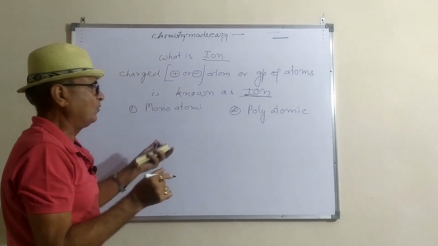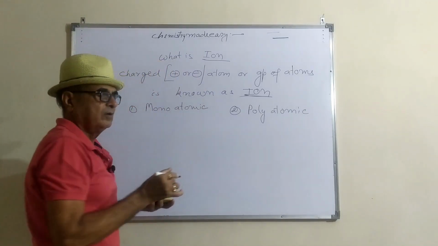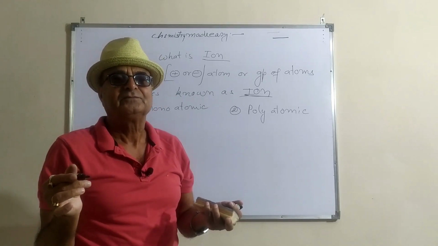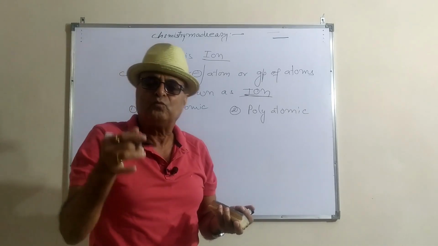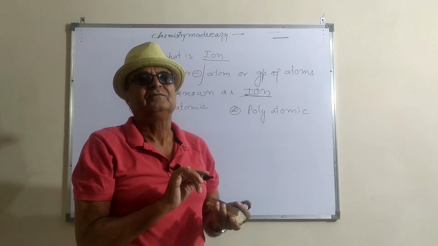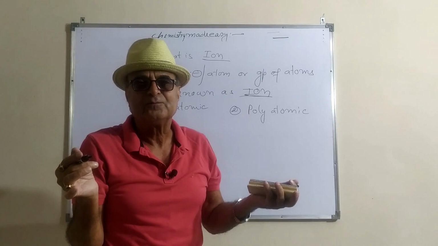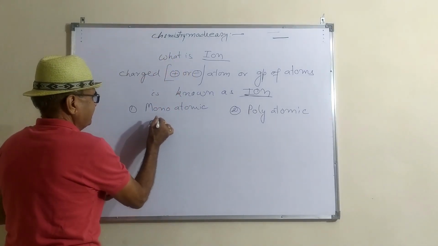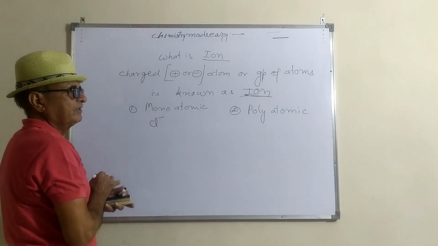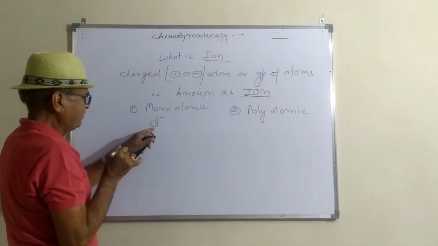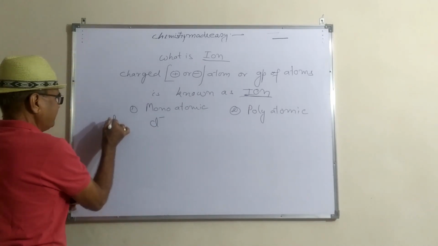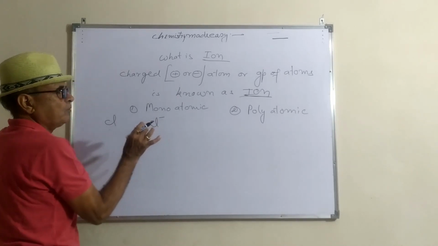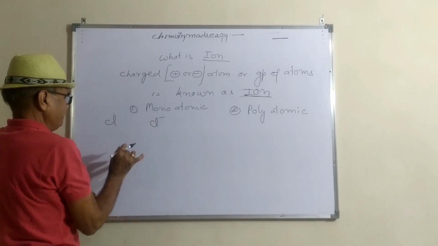What do you mean by monoatomic? The ion which is formed of a single atom, one atom, is a monoatomic ion, like Cl negative. This is a chlorine atom and this is a chlorine ion, and chlorine ion will be spoken as chloride.